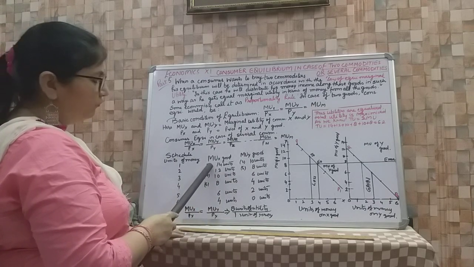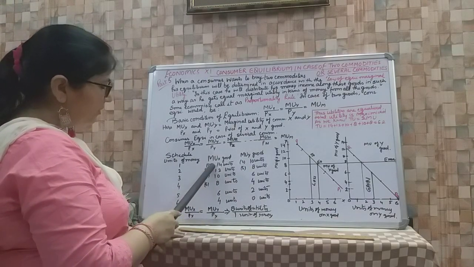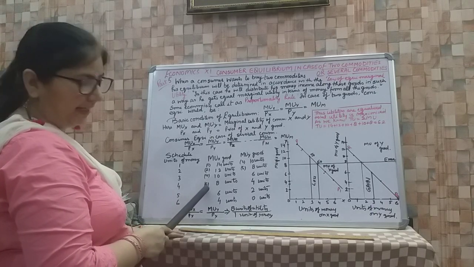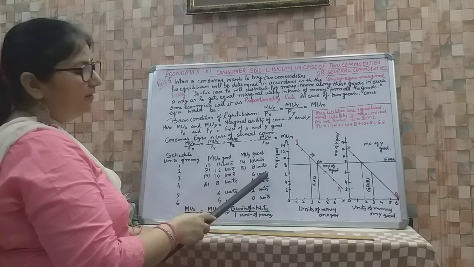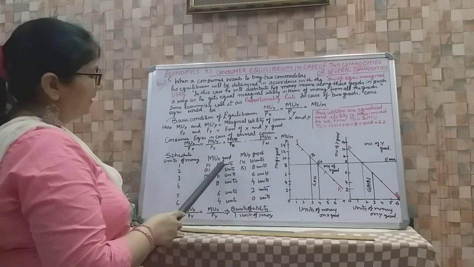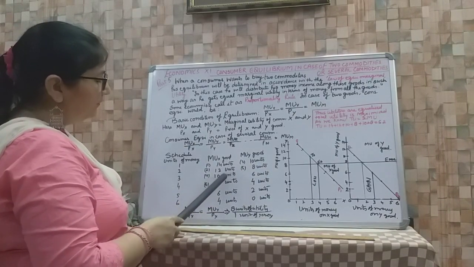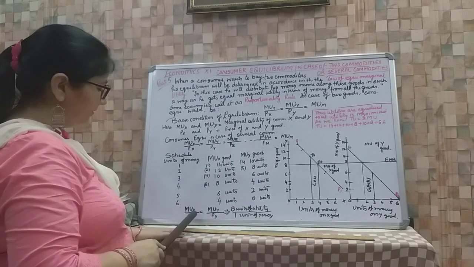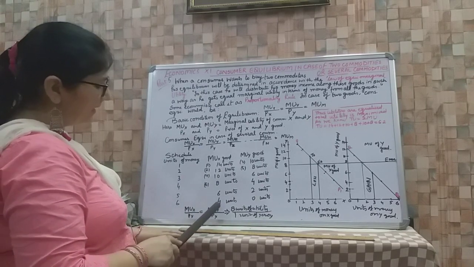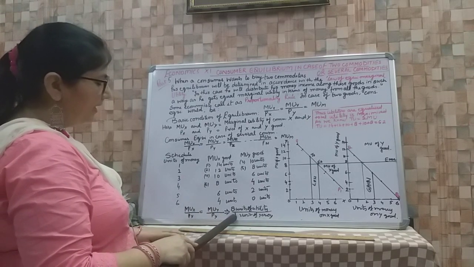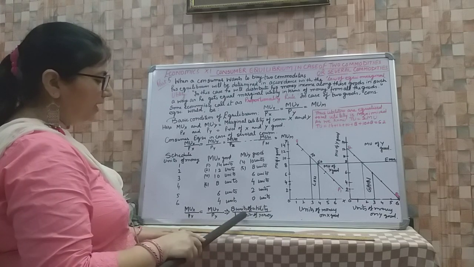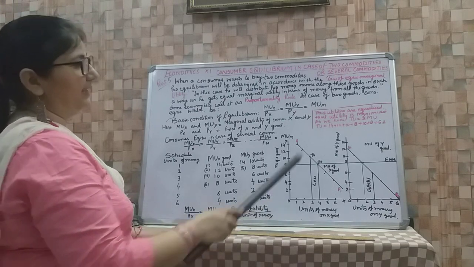So it is first, then second, meaning all the evens will be of X and all the odds will be of Y. And then we will be adding up all together: MUX over PX equals MUY over PY equals 8 units of utility upon 1 unit of money.